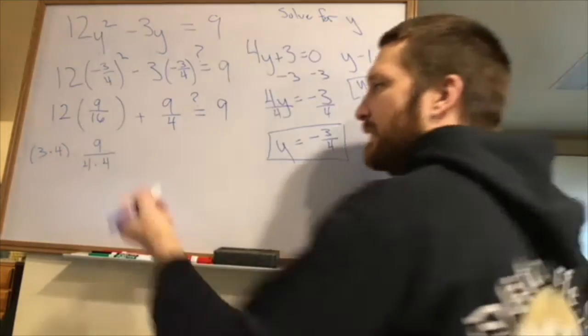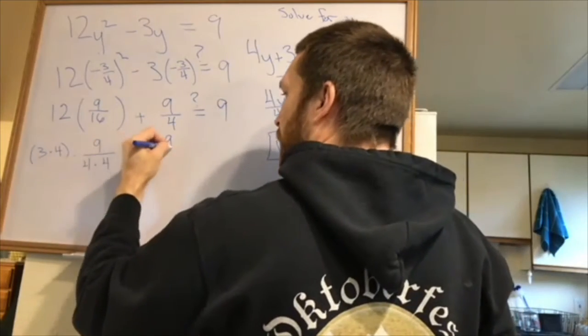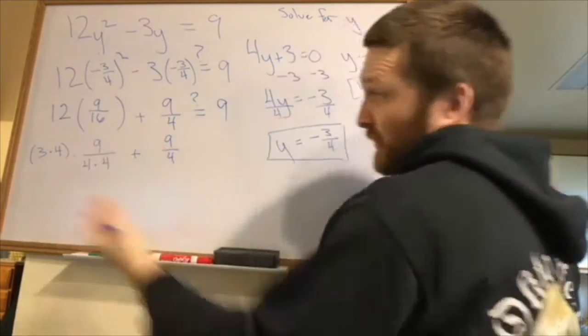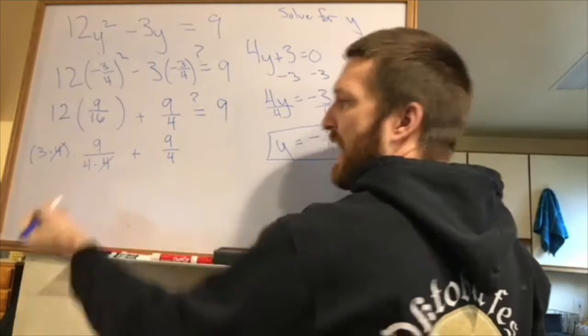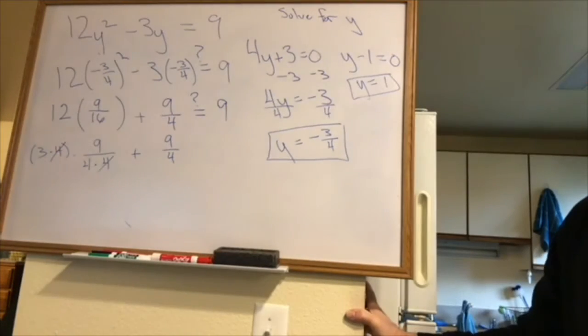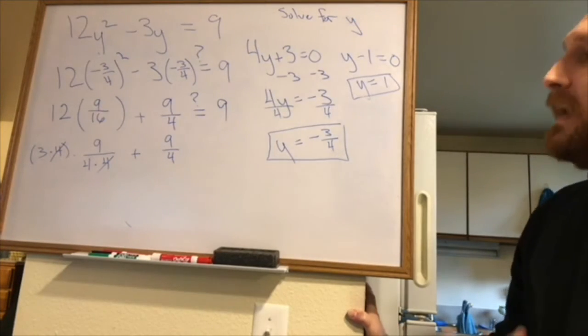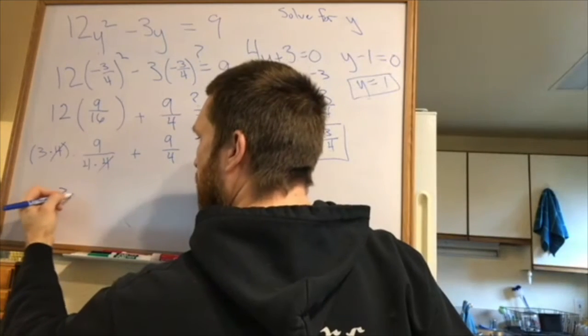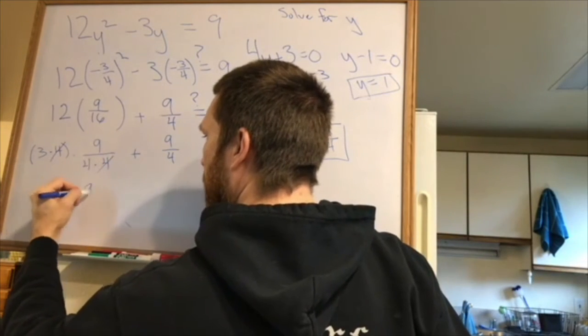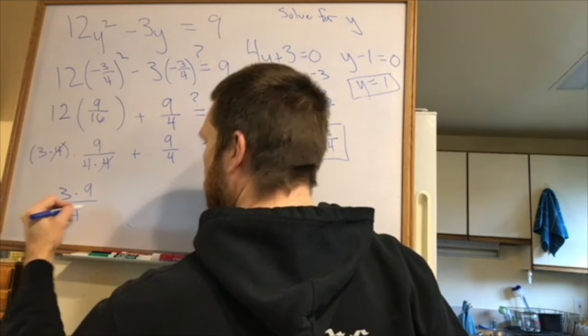So I could see that we could cancel out. Looks like 1/4 from here. That and that are gone. So we have 3 times 9/4. You following me what I'm doing there? Yes. Okay.